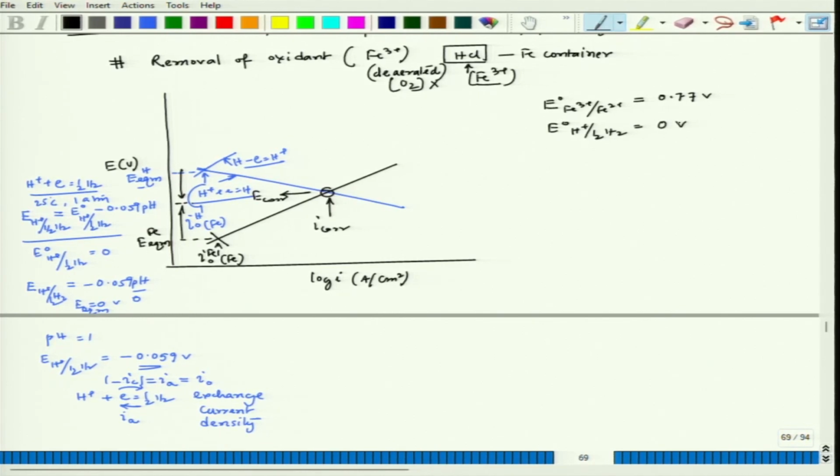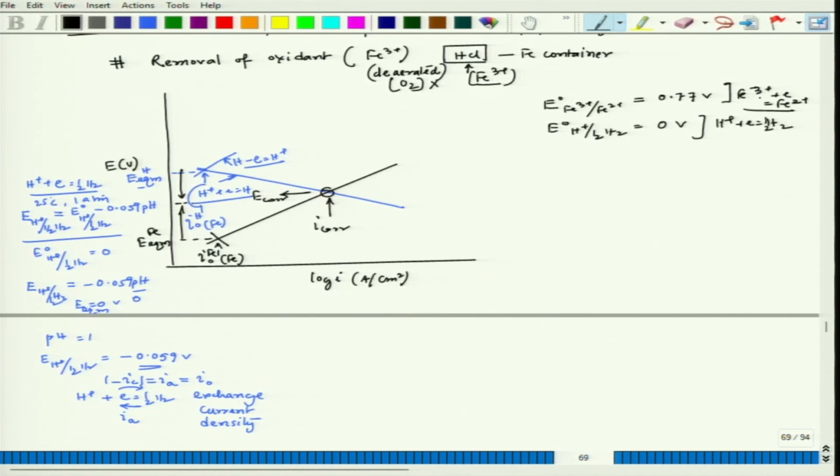This is the standard value. So, that means I could see that Fe3 plus plus electron equal to Fe2 plus compared to H plus plus e equal to half H2.